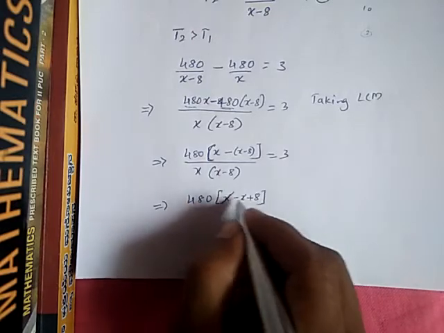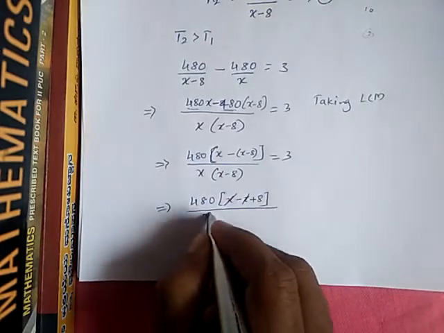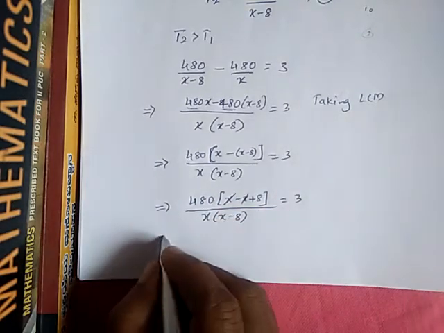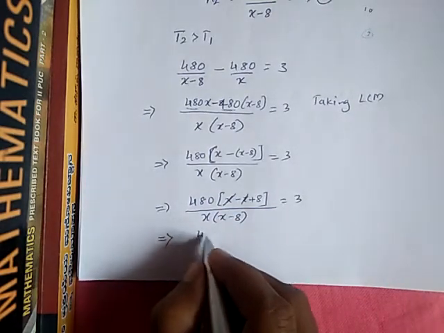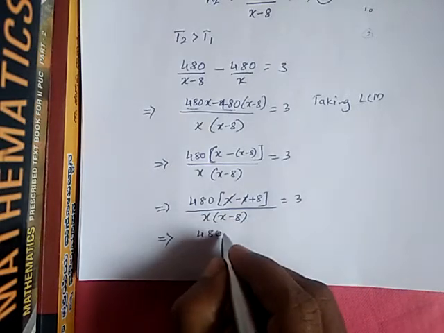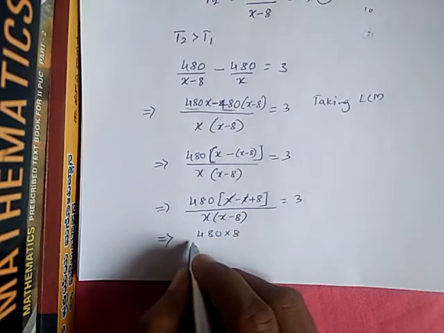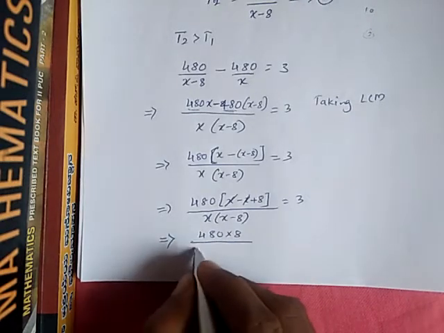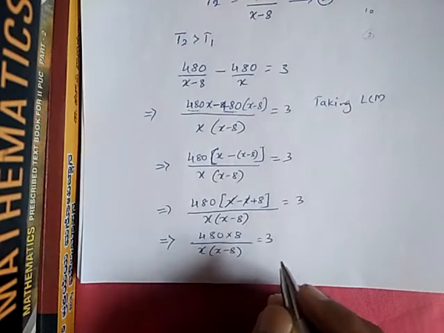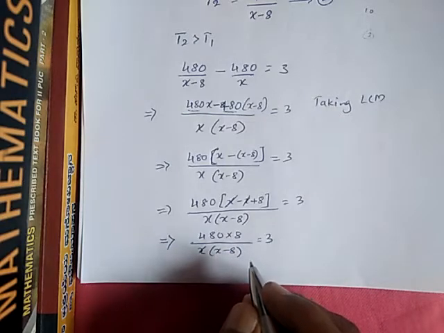So this gets canceled, divided by x into x minus 8, equal to 3. In the next step you can say 480 into 8, divided by x into x minus 8, which is equal to 3. Okay, I think you got this step.